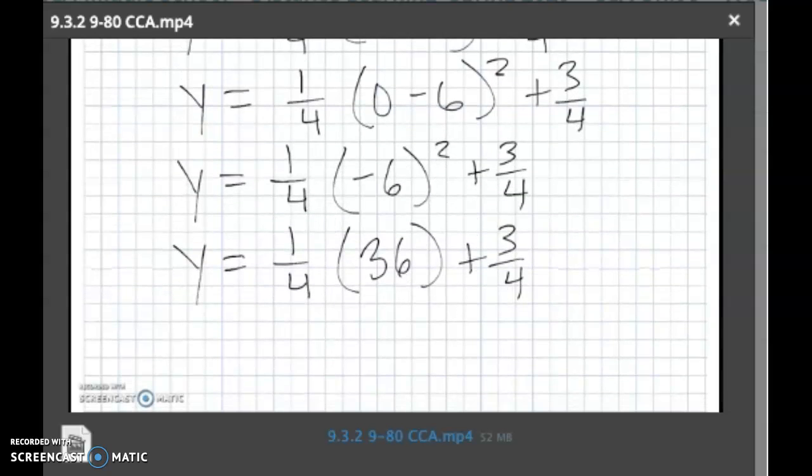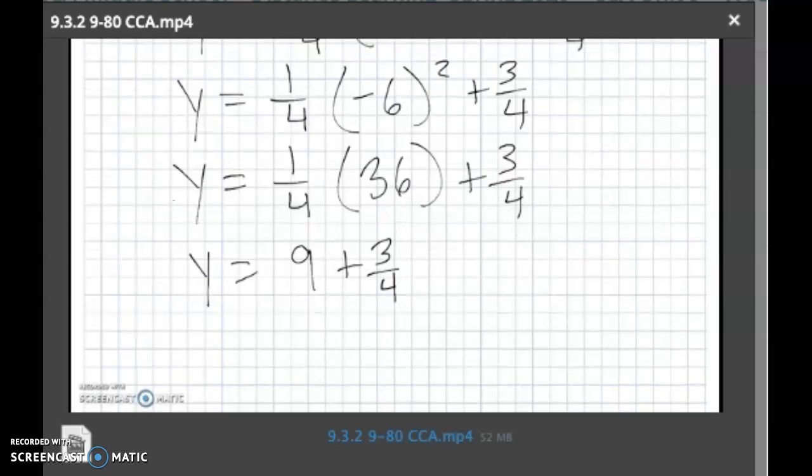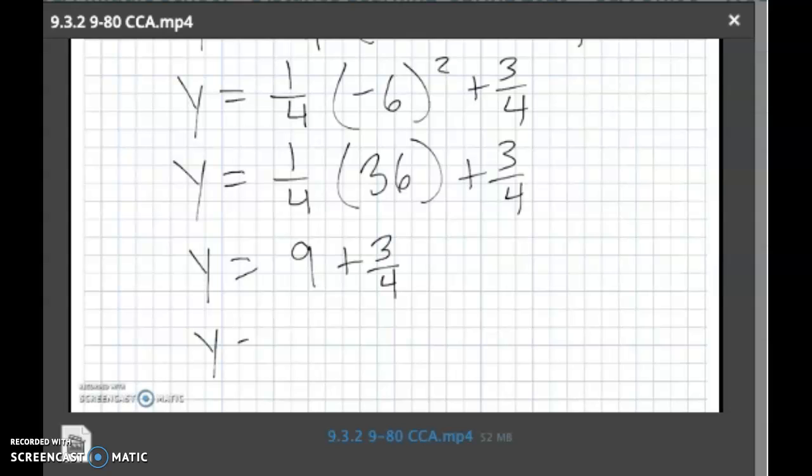And then keep going, 1/4 times 36 is basically dividing 36 by 4, so that becomes 9. So we have 9 plus 3/4. So I'm going to make my answer a decimal again, 3/4. I'm going to write it as a decimal, 0.75.